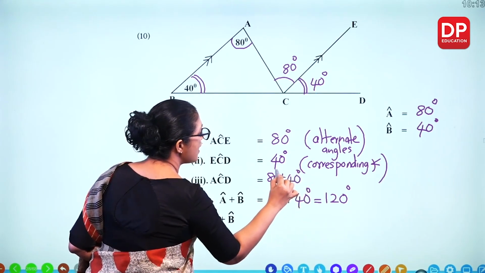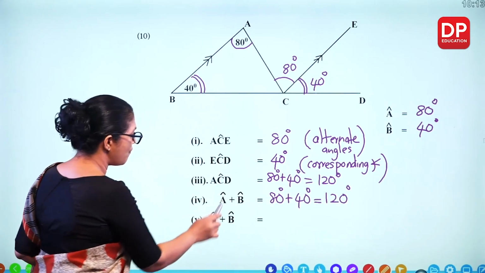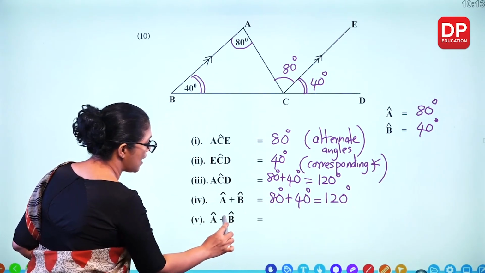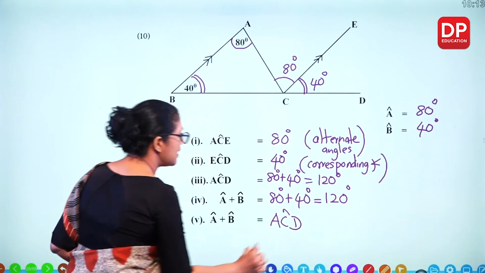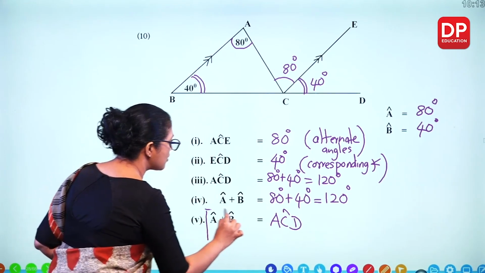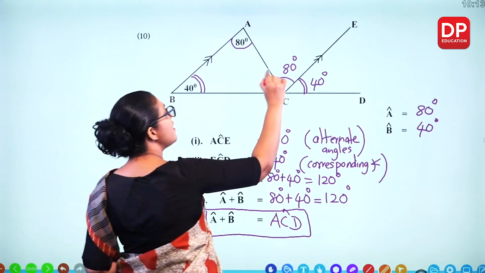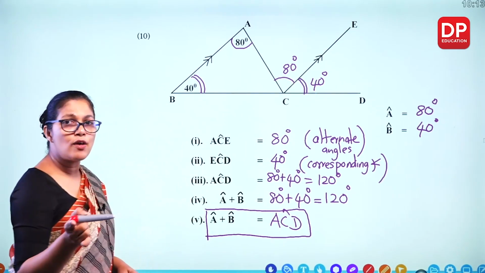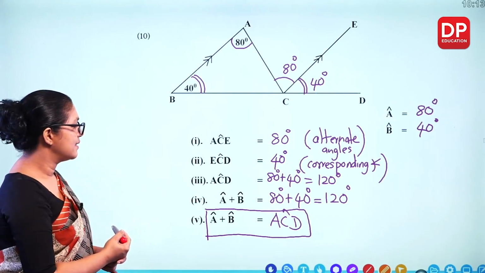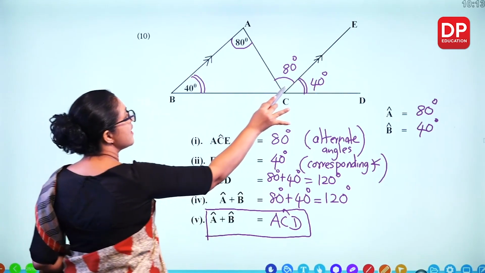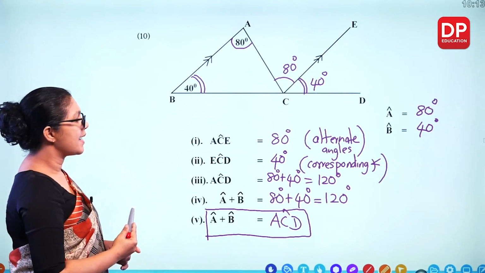That's also 120. Now, we found out that angle A plus angle B is ACD. So what's this relationship? The exterior angle is equal to the sum of opposite angles.